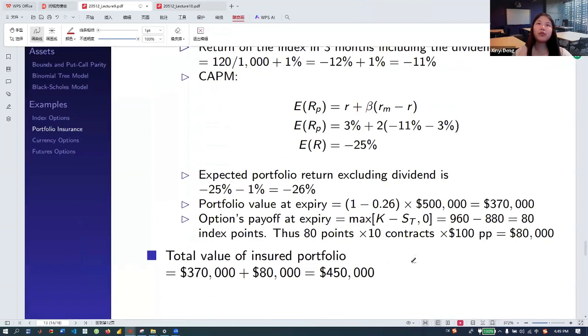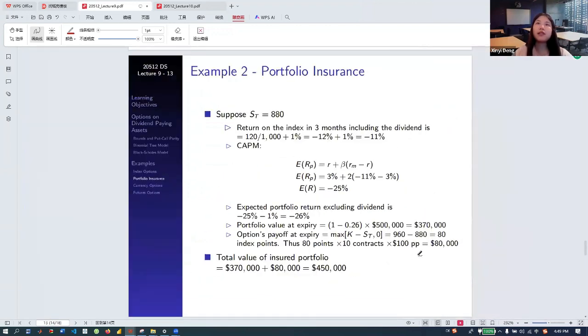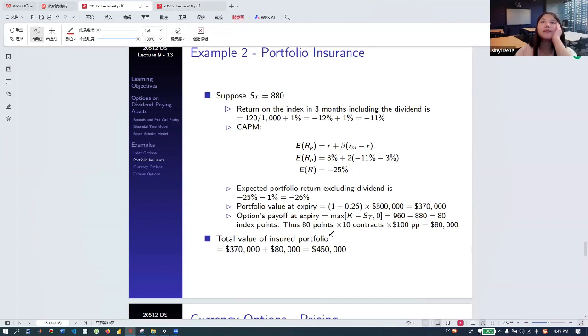Then I'm going to skip this page because this page is just showing you how the strategy we just constructed is able to lock in the portfolio value. Again, it's using the specific index level of 880.